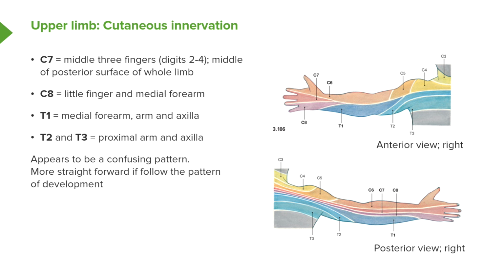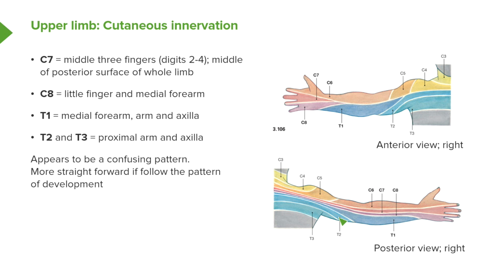If we look to C7, that is the middle 3 fingers, so digits 2, 3, part of 4. And we can follow it back all the way along the posterior aspect of the upper limb as well. We can then see C8, little finger, and medial forearm. We can see it running up here. T1, we can see its location, T2 and T3.